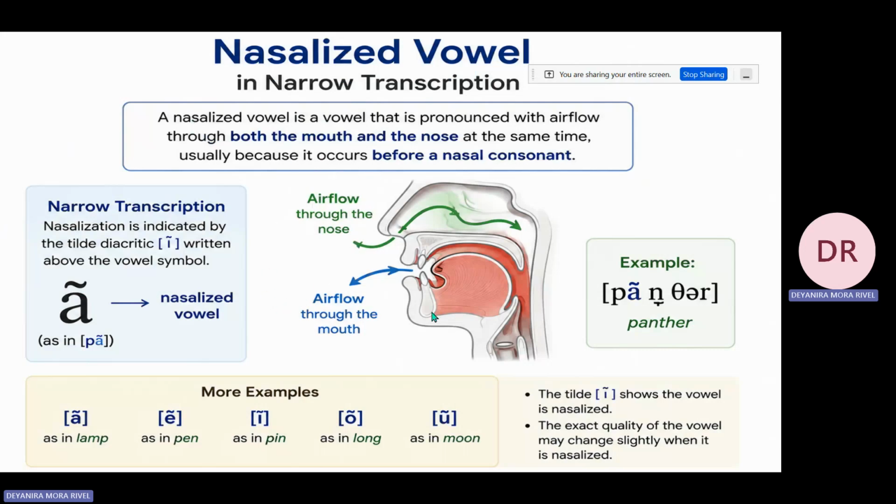Okay, so here we have an example, and this is what narrow transcription is. The square brackets and then the diacritics show the variants of that phoneme, the allophones. Okay, so here we have panther, and actually this is created by artificial intelligence, and actually panther has a sound, a digraph, right?